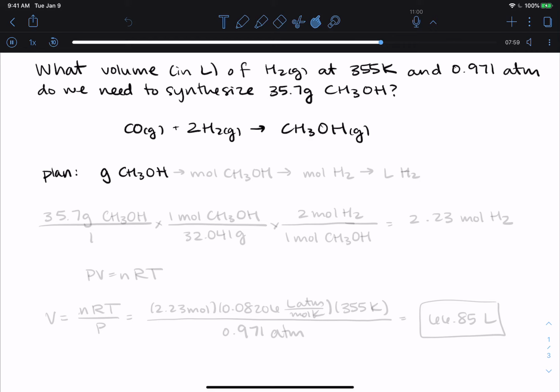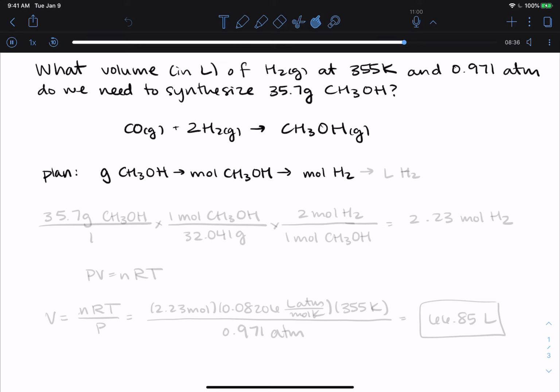So if we ignore the volume in liters and the temperature and the pressure part, and just think about how do I know how much H2 I need to put in, right? H2 is a reactant to get out the specified number of grams of CH3OH. Well, I know that if I can convert this to moles of CH3OH, I can use the mole ratio in the balanced reaction to get to moles of H2.